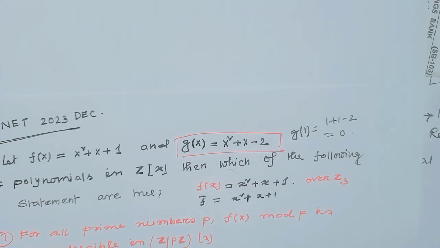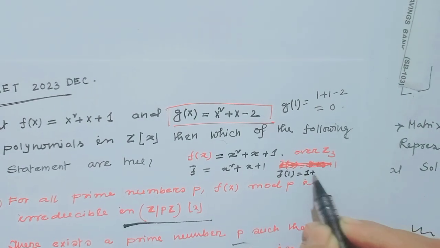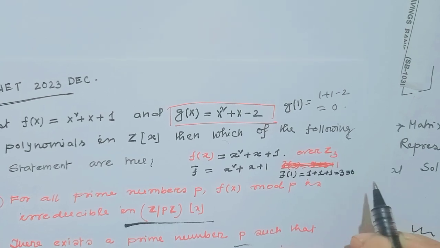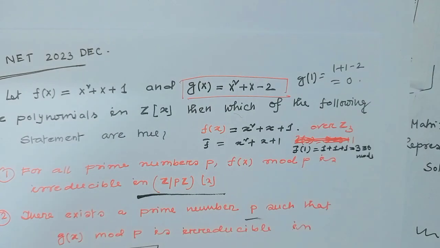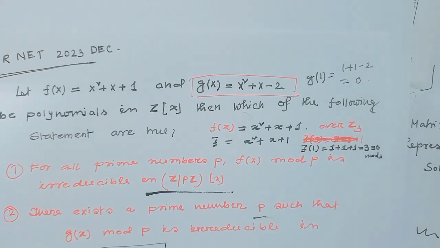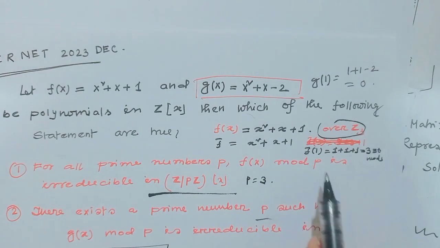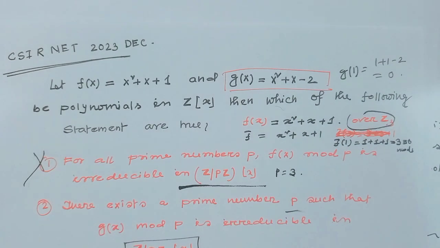Over Z3, f bar(1) = 1 + 1 + 1, and this is equal to 3, which is congruent to 0 modulo 3. So, for all prime p, f(x) modulo p is irreducible in Z/pZ[x]: this is not true. For the prime p = 3, f(x) has a root. So option 1 is a wrong option.